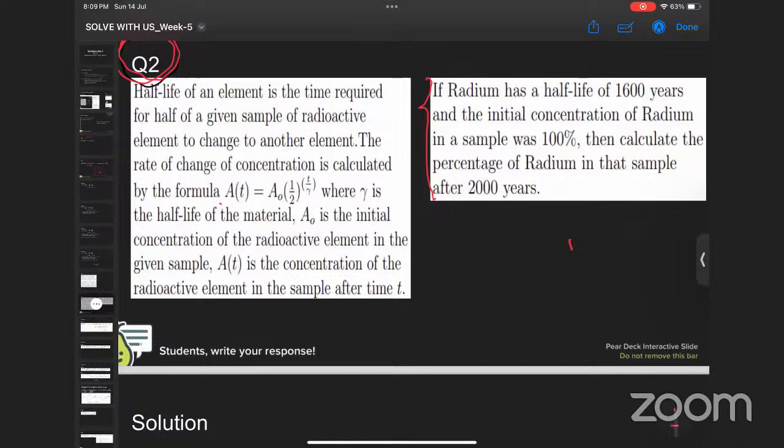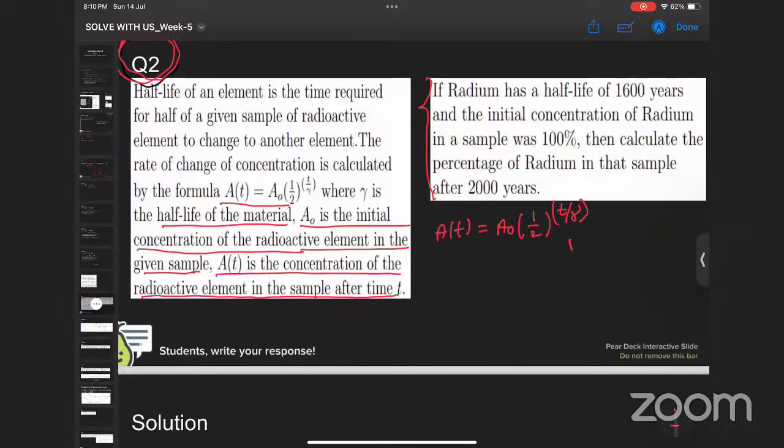So we have our given equation as A of T equals A naught into half to the power T by gamma, right? Where gamma is the half-life of the material, A naught is the initial concentration of the radioactive element in the given sample, and A of T is the concentration of the radioactive element in the given sample after time t.